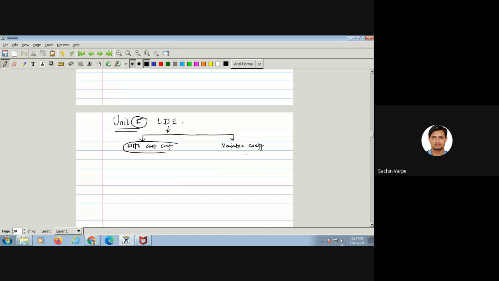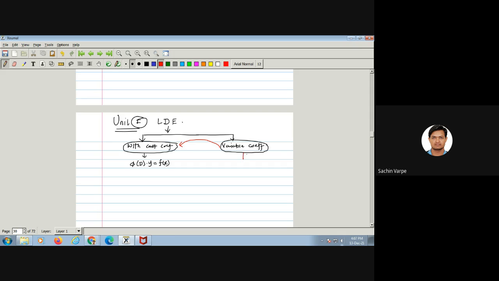So LDE with constant coefficient we have transformed into the standard form: the equation is phi of D into y is equal to a function of x. Yes or no? This is the standard form of linear differential equation. And if the linear differential equation is with variable coefficient, then we have reduced it into the LDE with constant coefficient with the help of suitable substitutions.